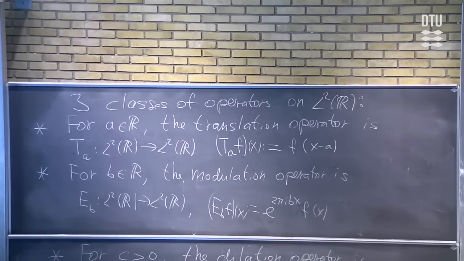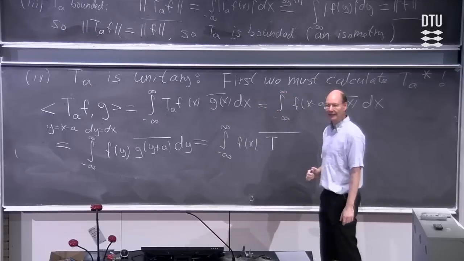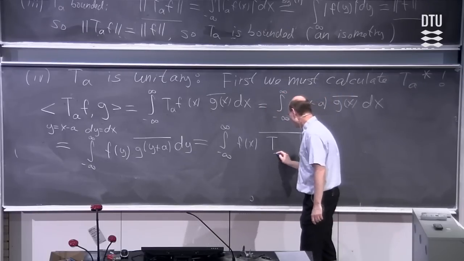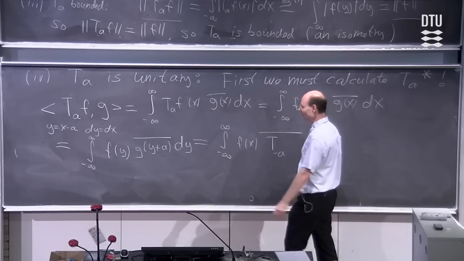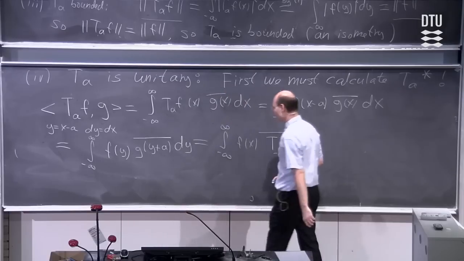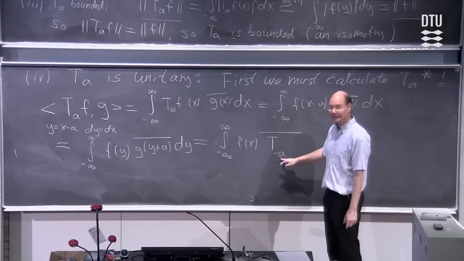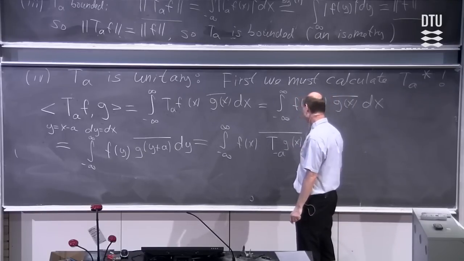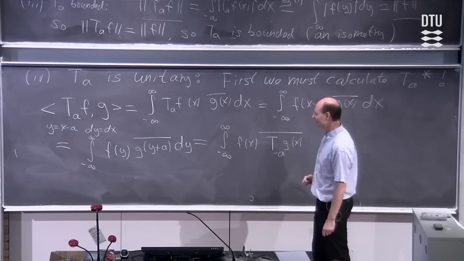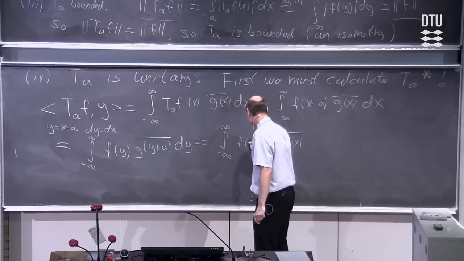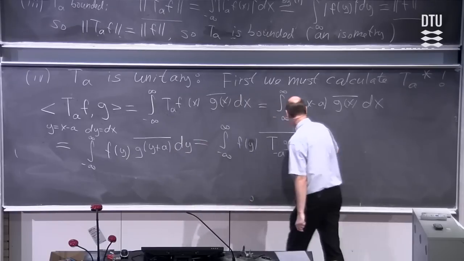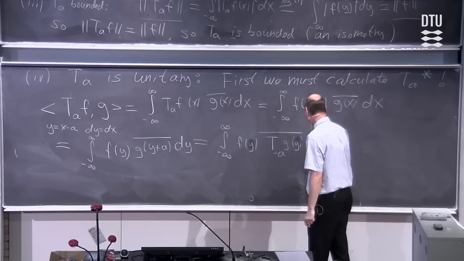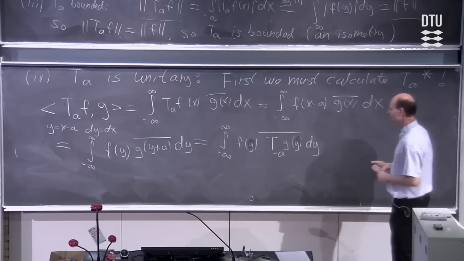But this just means that we are looking at the translation operator not with the parameter a anymore, but with the parameter minus a. So g of y plus a is the same as T with index minus a, applied to g, calculated in the point y. I should stick to the y, because we had the y here.